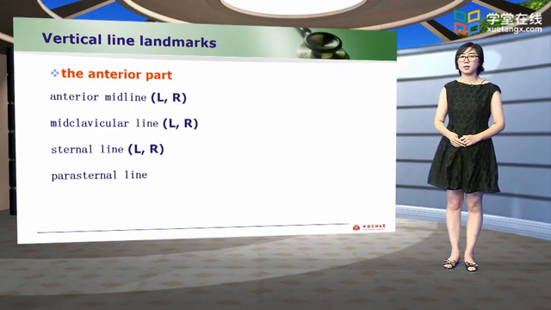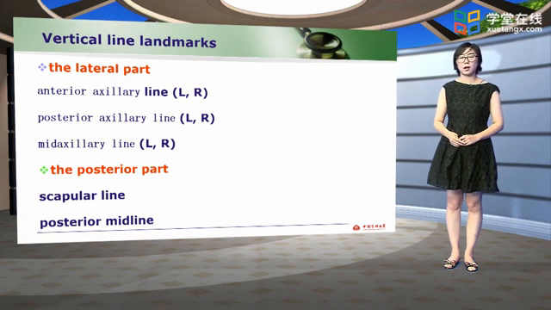The second section is vertical line landmarkers. In the anterior part, we can see the anterior midline, the mid-clavicular line, the sternal line, and parasternal line.